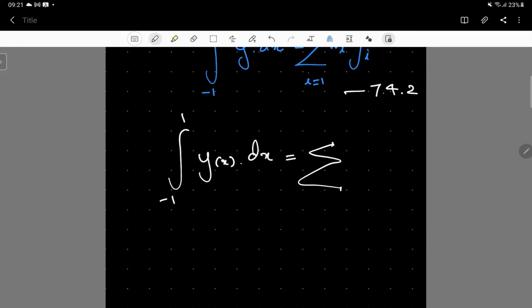So you know why we need to approximate it, isn't it? Because if this y(x) function is not exactly described by a polynomial of degree 2n-1 or less, we cannot perform an exact integration for this particular function. So in that case, we need to discretize it and evaluate the integral using numerical techniques.